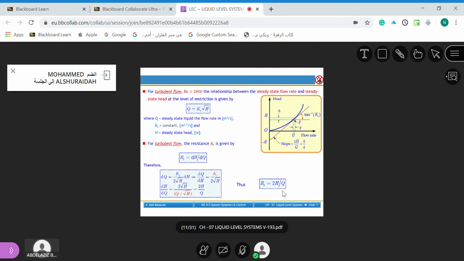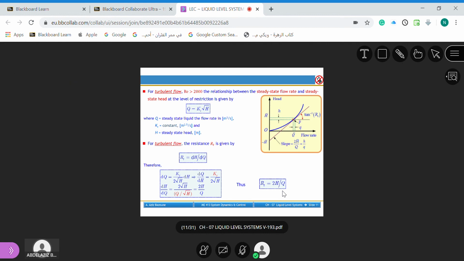If you take dH over dQ from here, if you differentiate this relation with respect to H, dQ over dH will be KT over square root of H, KT over 2 square root of H. If you look at this one, it is given by the relationship.